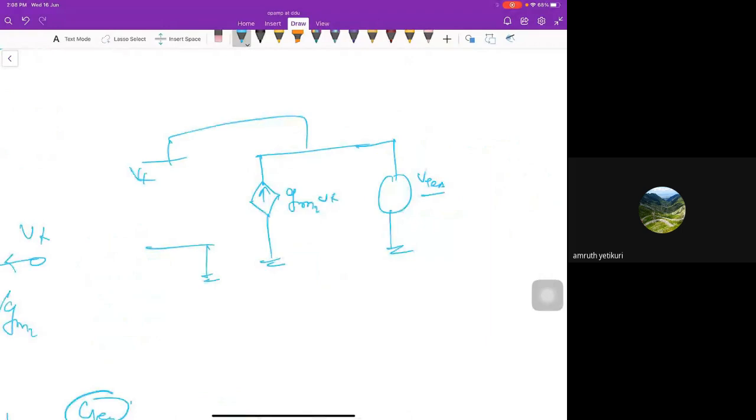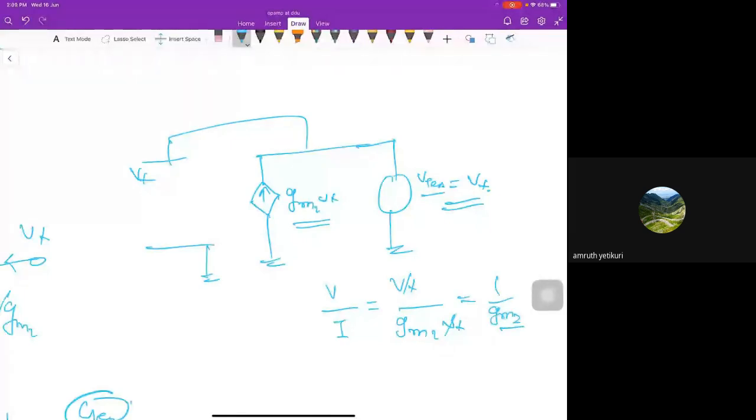What you will see, now my Vtest is Vx. So I am applying the voltage Vx, and I am getting current here. So what is my impedance? V by I. V is Vx and I is GM2 into Vx. Vx, Vx cancel. What I will get? 1 by GM2.